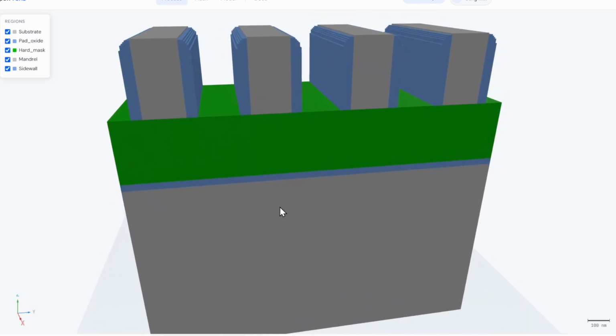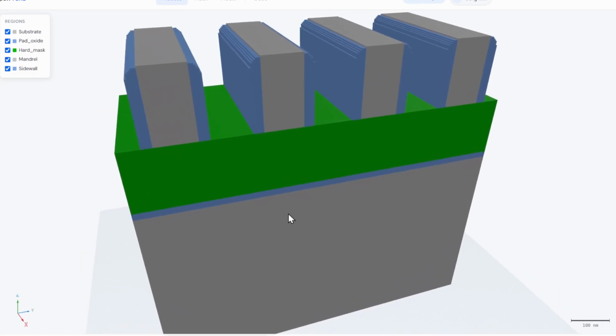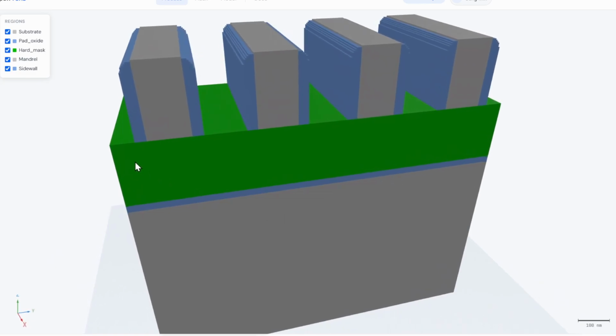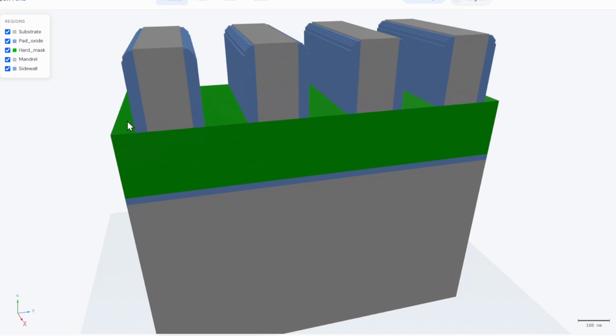Although previously we deposited our silicon dioxide in an isotropic way, in this case, when we do the etch process, we use an anisotropic etching process. So it means that previously we had this shape, but this part is saved because previously we had a certain amount of silicon dioxide covering this part.